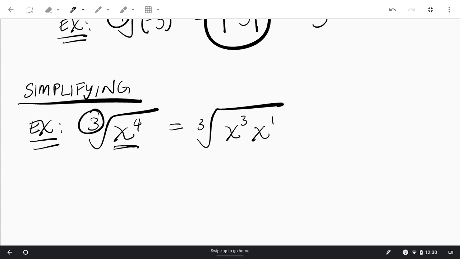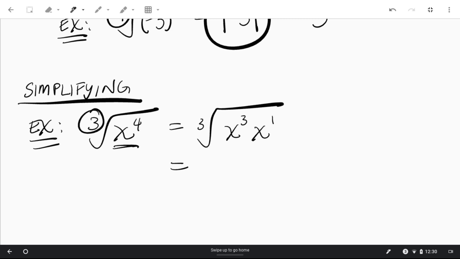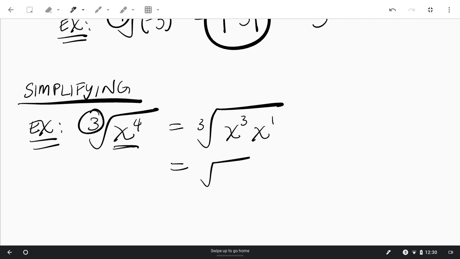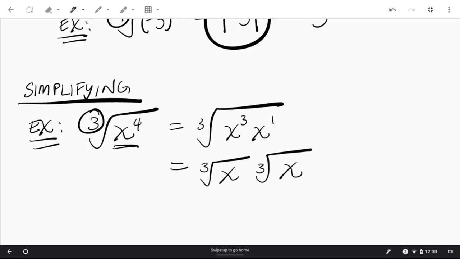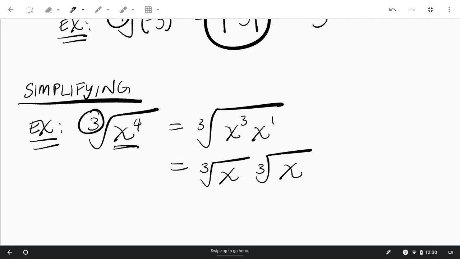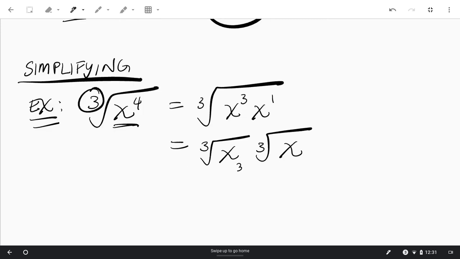And then here we can use that property that says we can split them up. Oops, forgot my exponent there. Hold on, wrong place.